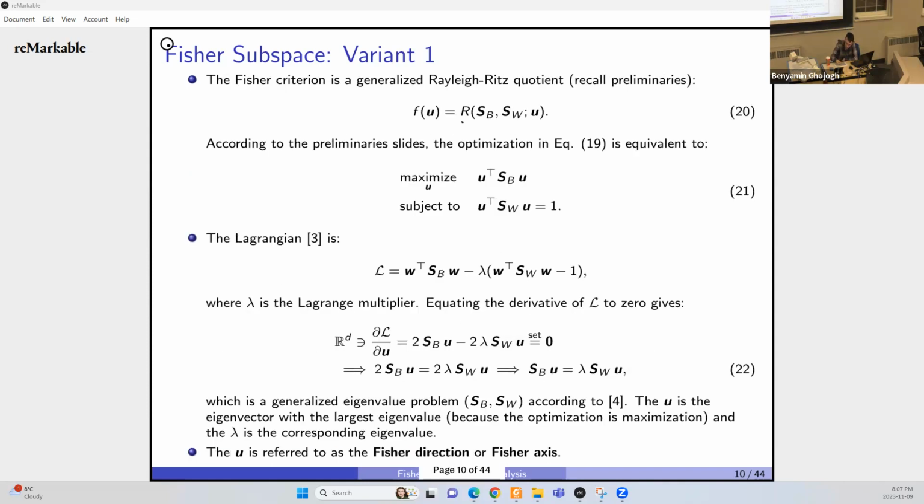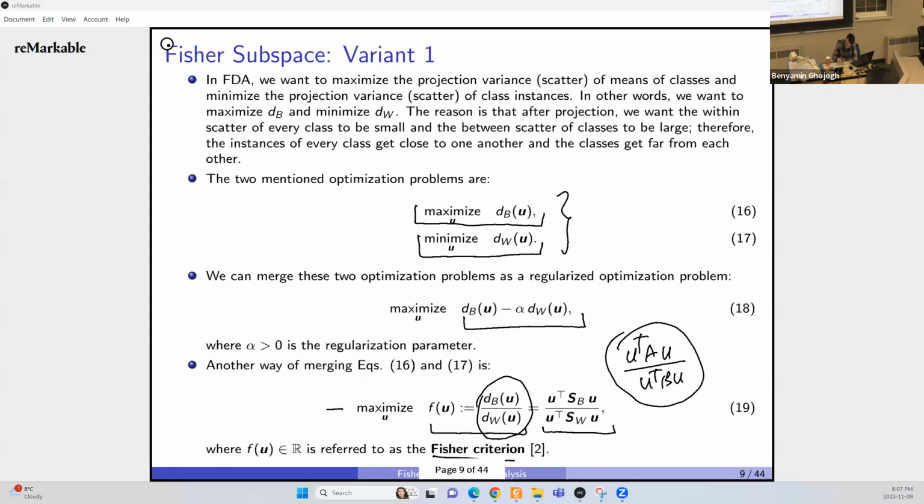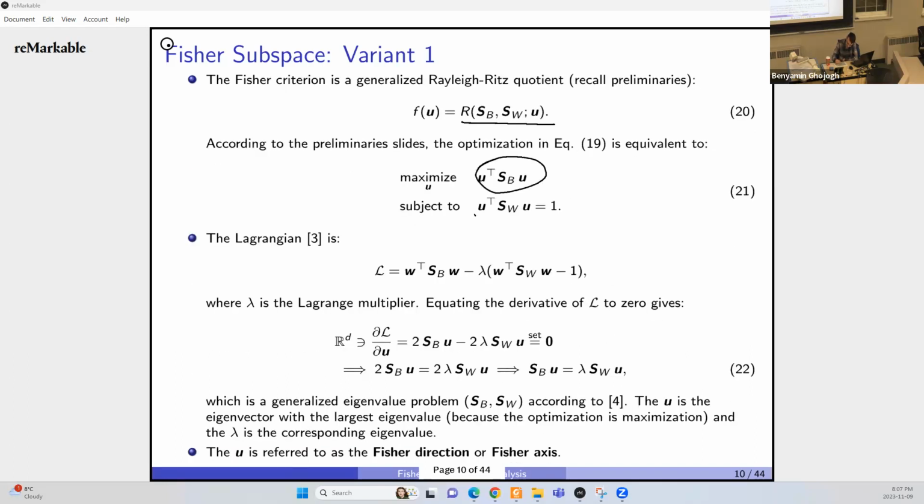And do you remember, according to what we talked about, that this maximization is equivalent to maximizing the numerator but setting the denominator equal to some constant? We proved that it is possible to do.